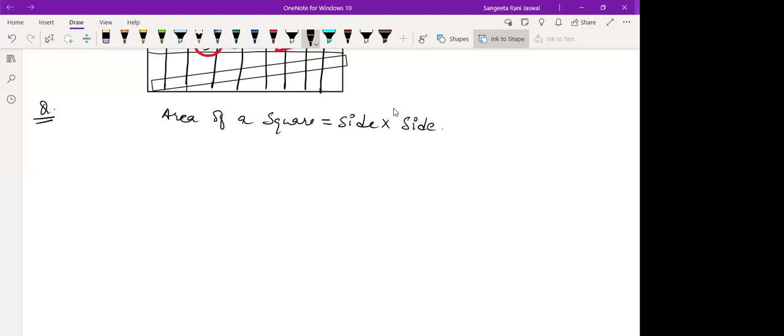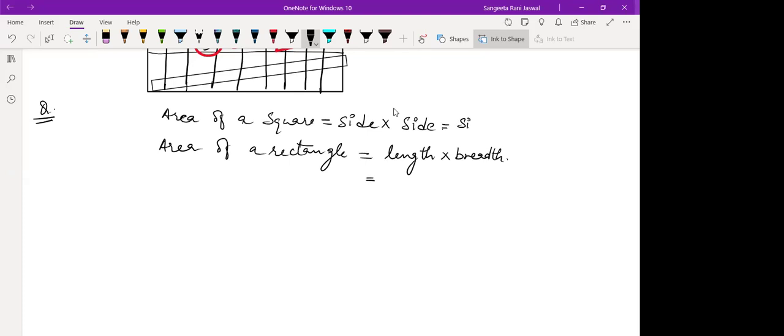In a square, they are the same, so we call it just side into side. So the area of a rectangle is given as length into breadth.